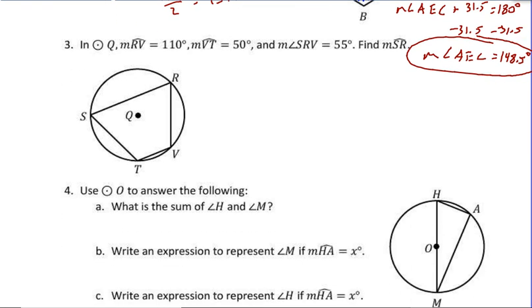Example 3. In circle Q, the measure of arc RV is 110 degrees. The measure of arc VT is 50 degrees, and the measure of angle SRV is 55 degrees.